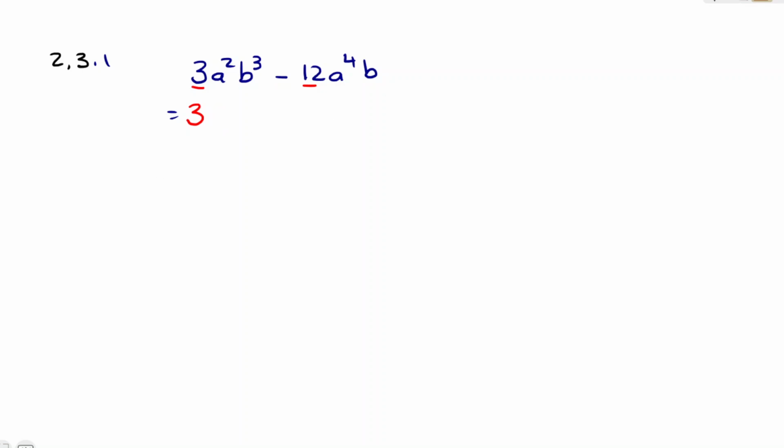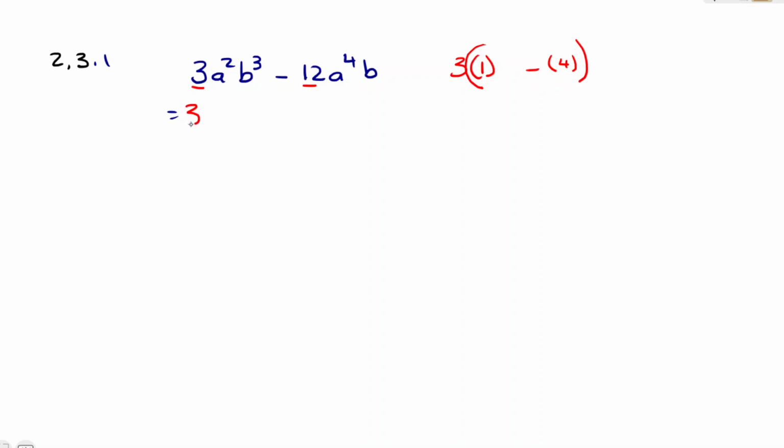Let me do it on the side so that you can see clearly. If I take a 3 from the first one, I'll be left with a 1, minus, and here if I take a 3, I'll be left with a negative 4. So I just wanted to see the constants first.